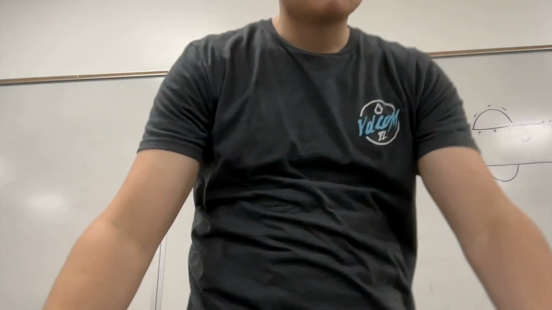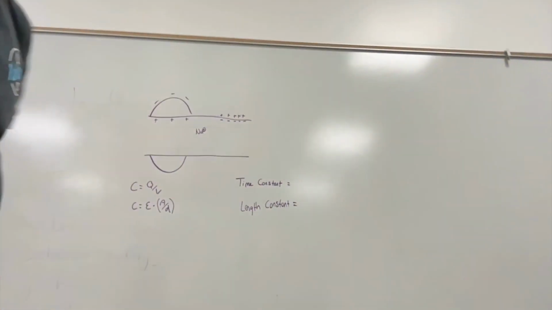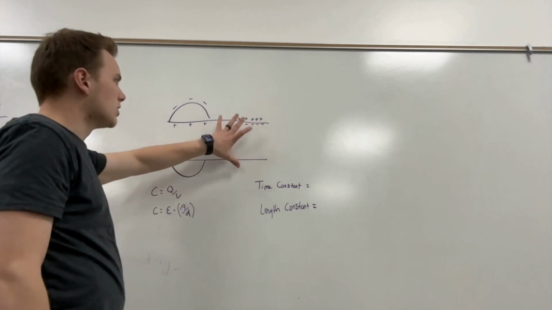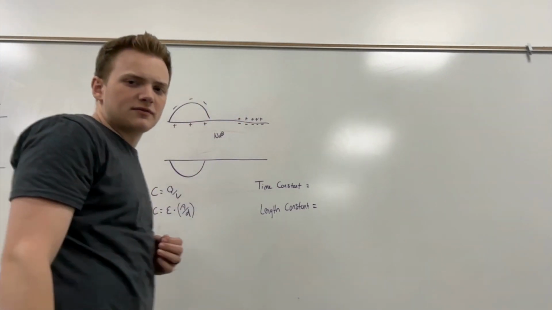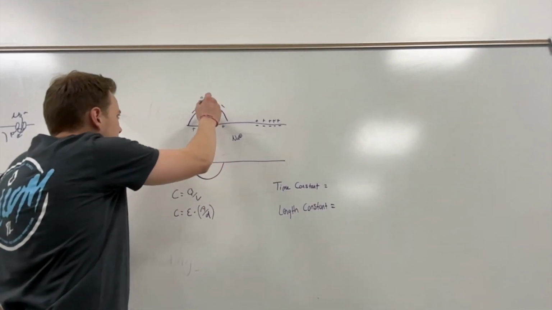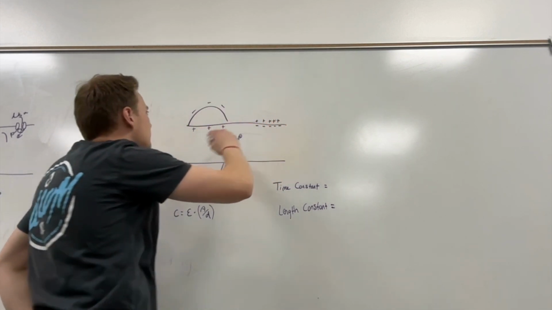I want to talk a little bit more about capacitance in terms of ion movement. So I have a neuron drawn here, and I have two sides to this thing. The first side is this myelinated region, and then this other side is an unmyelinated region.